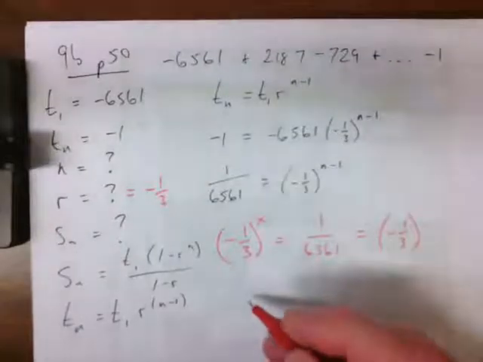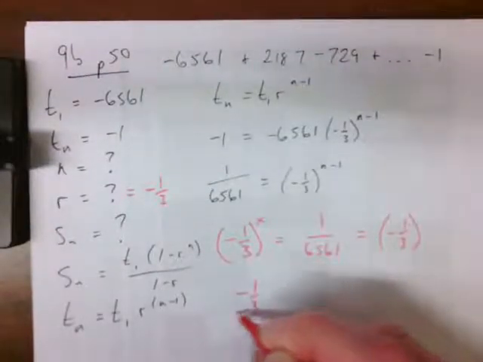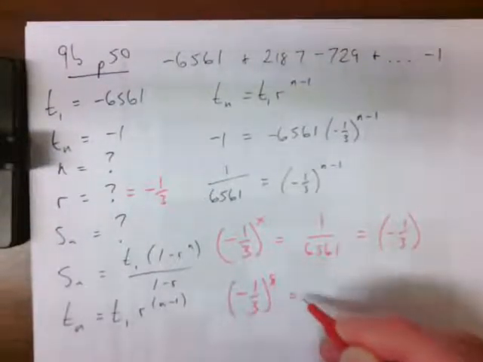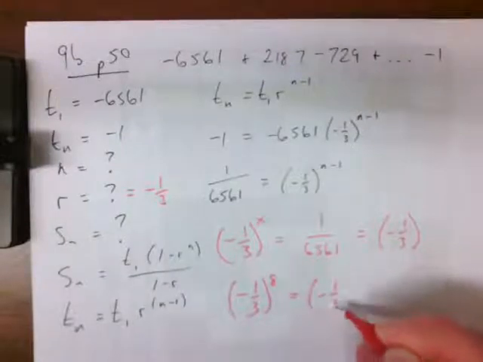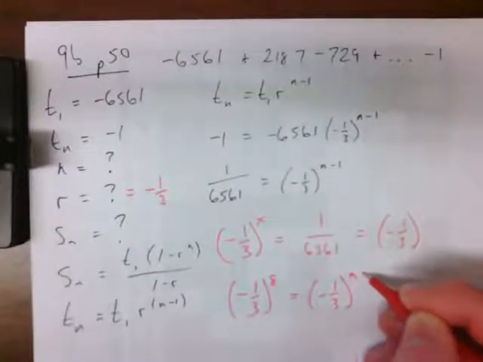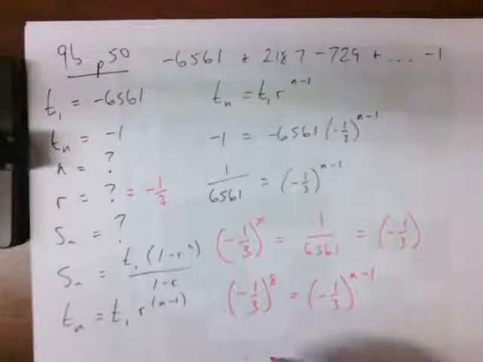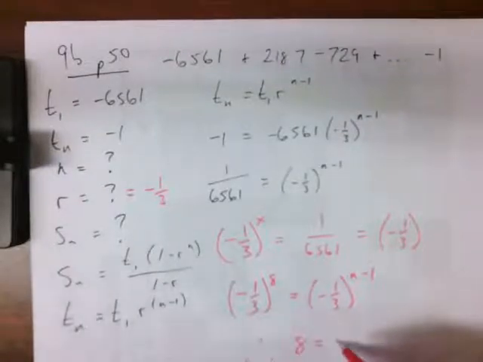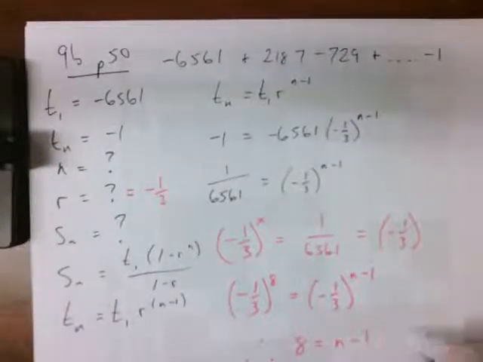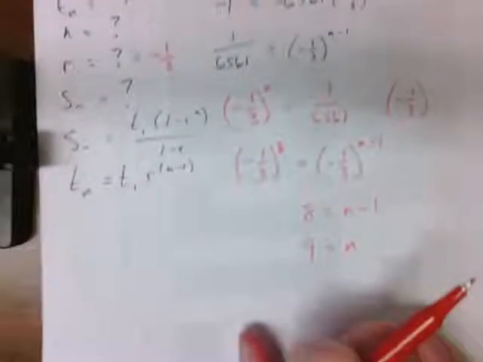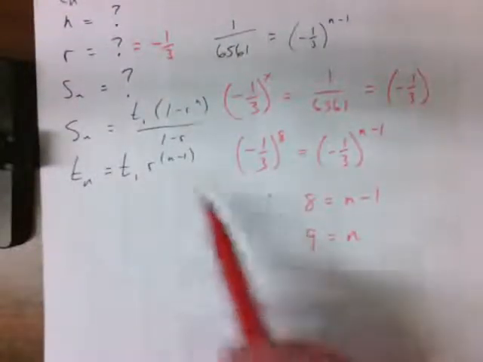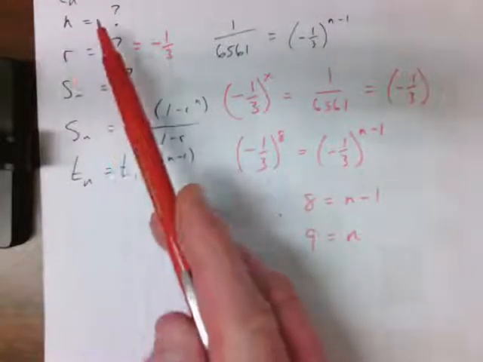So negative 1/3 to the power of 8 equals negative 1/3 to the n minus 1. Therefore, 8 equals n minus 1, and n equals 9. So we've got our n now, which was the first part of the question.